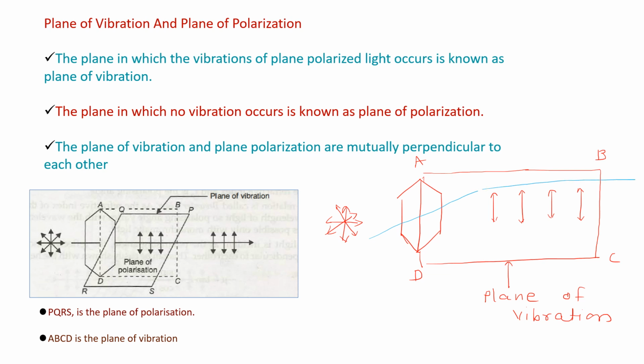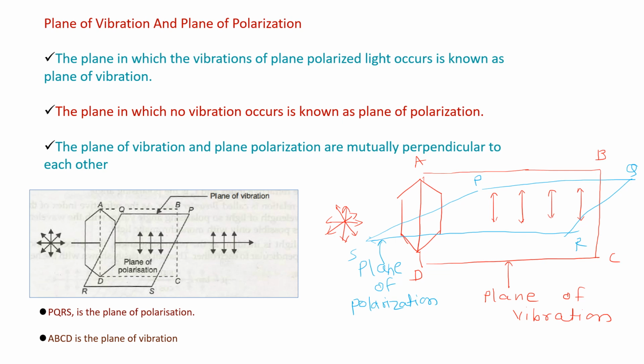So this is a plane of polarization. Say P, Q, R, S is a plane of polarization.